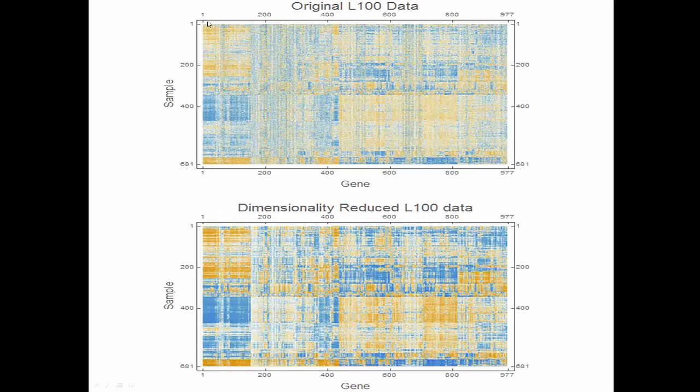So here is my original L1000. I've missed off a 0 here. This should be L1000 data. So here are the landmark genes across the columns, and my 700 samples down the rows. And this is what the original data looks like.